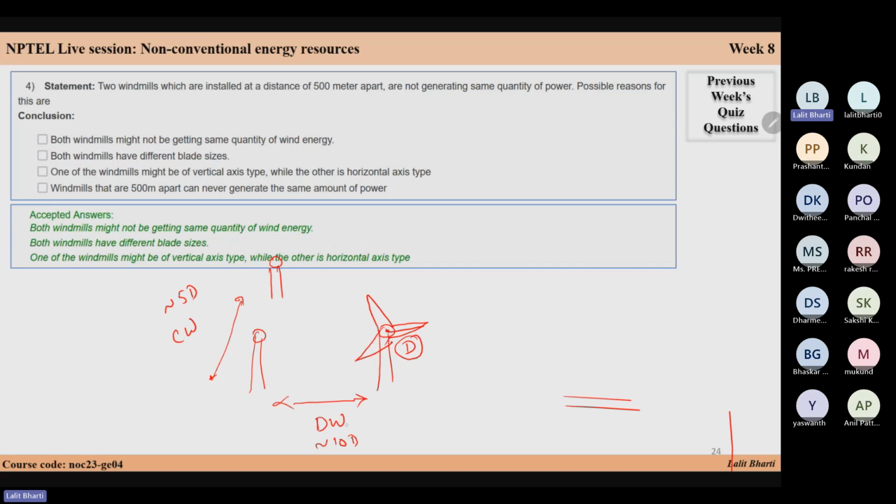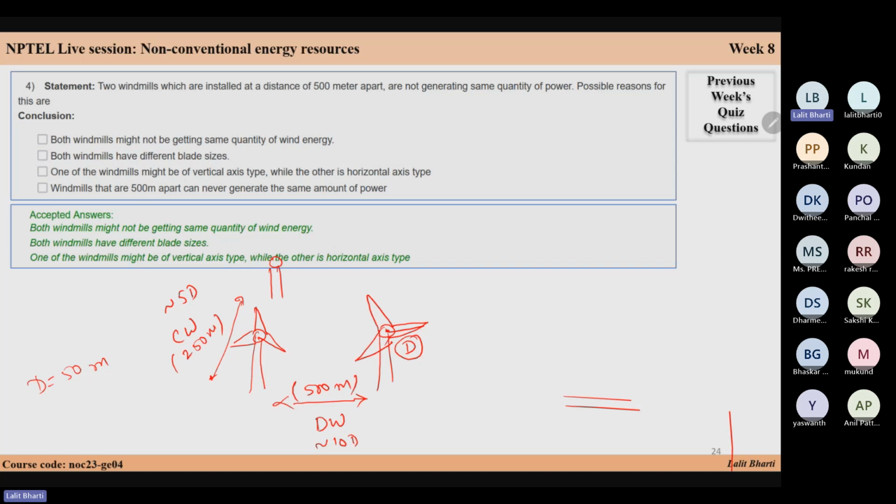So you should have sufficient horizontal and vertical distance. If, let's say, D is 50 meters, your downwind distance should be 500 meters and your crosswind distance should be 250 meters.